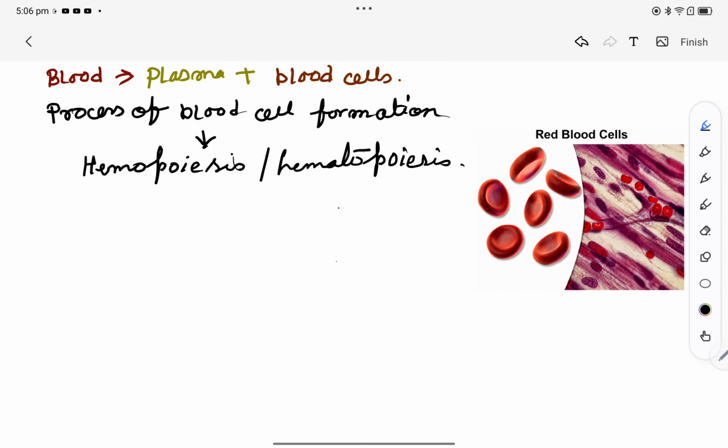Hello everyone, in today's video we are going to learn about blood cells. In my previous video I have already discussed that blood is made up of two parts, that is plasma and blood cells. Now the process of blood cell formation is called hemopoiesis or hematopoiesis.